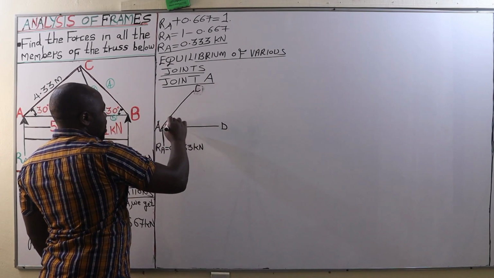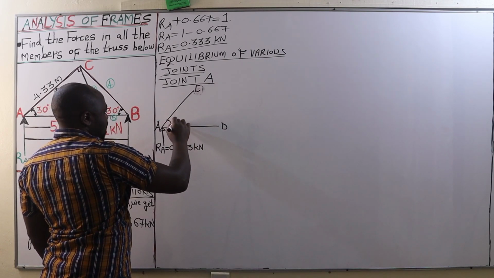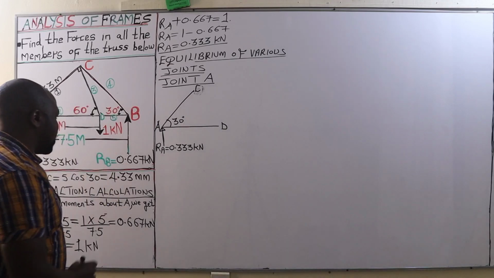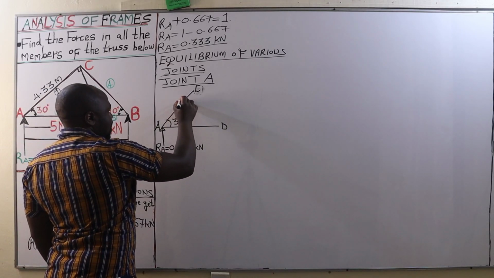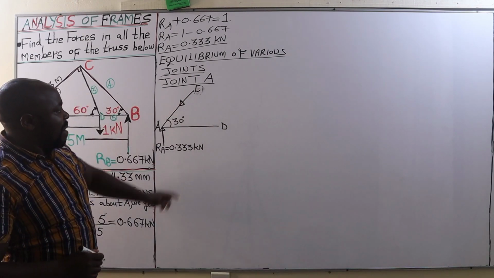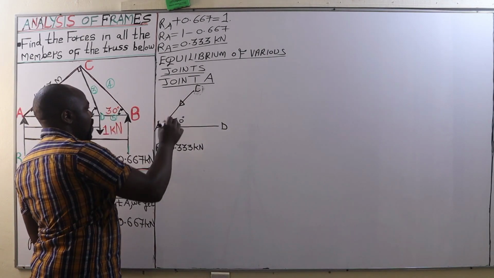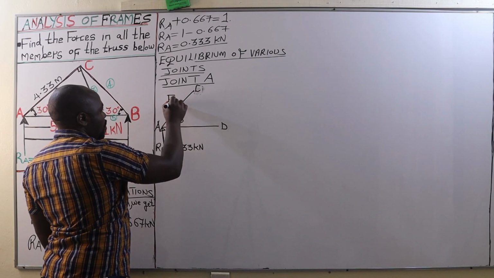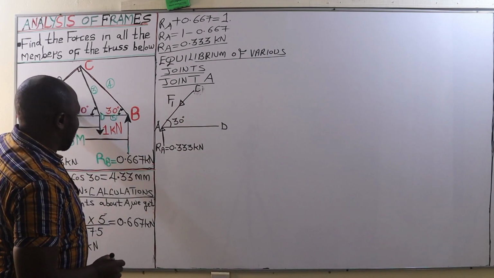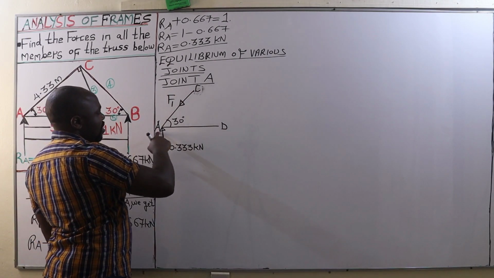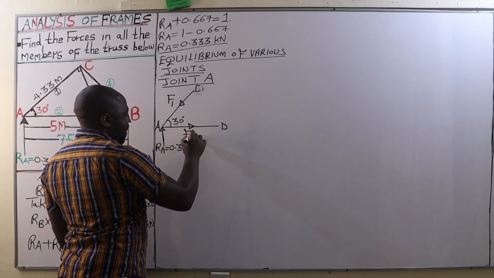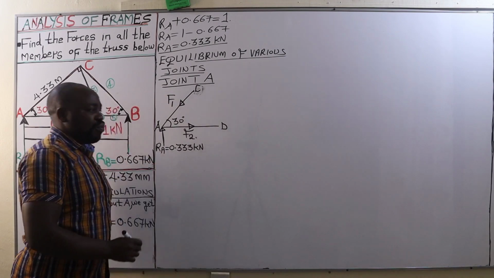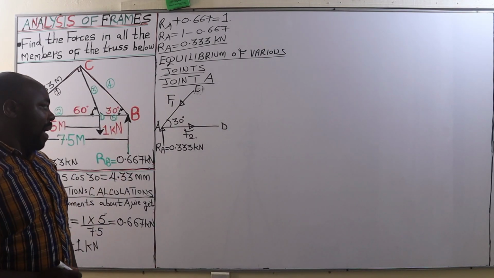Angle CAD is 30 degrees. Let's say that on member CA we have a force F1, that is member 1, and on member AD we have a force F2 acting on that member.